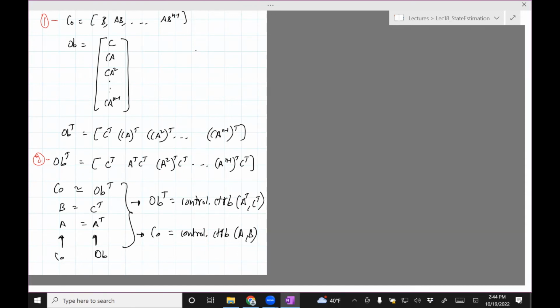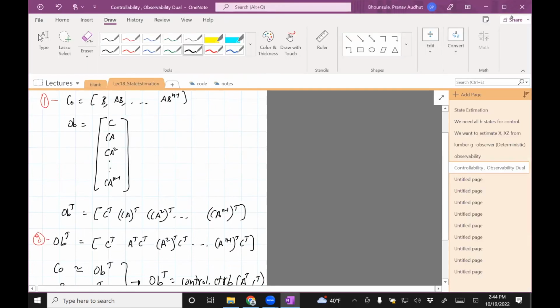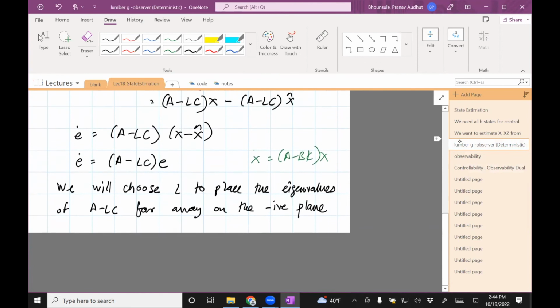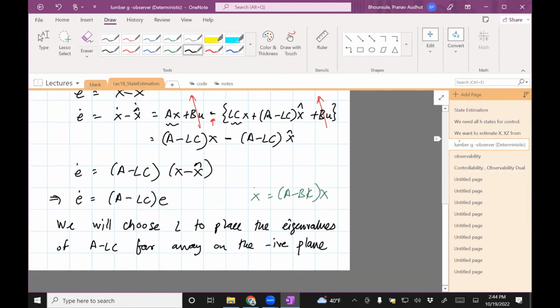Okay, so now that we have established that there's a duality between controllability and observability, let's go back to where we had taken a diversion, which is we said that we can pretty much control this L and hence place the eigenvalues wherever we want.